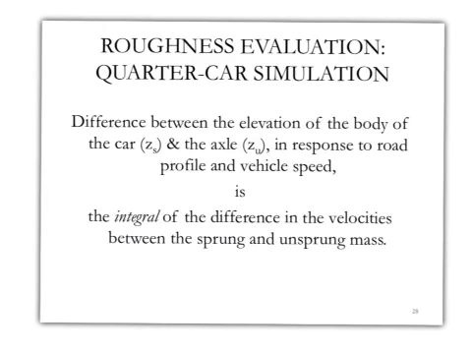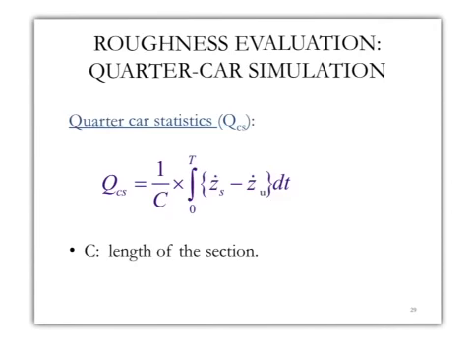Once I measure all those different points, the difference between the elevation of the body of the car, which is ZS, and the axle, which is ZU, in response to the road profile and vehicle speed, is the integral of the difference in velocities between the sprung and the unsprung mass. So if we do a little bit of integration, we can come up with a mathematical model.